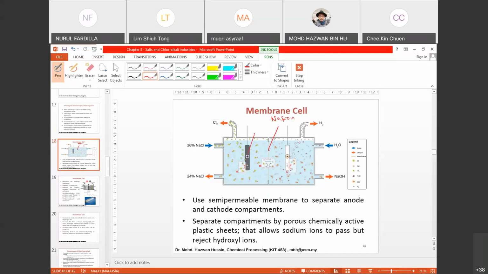Still, you will use a carbon or graphite anode. The reaction that forms at the anode is still the production of chlorine gas.